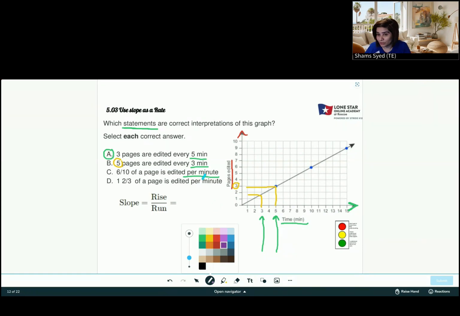For per minute, you are finding your slope. Per means finding the slope. So the last two options seem to be more about per, that is the slope. Let's see if the slope is 6/10 or is it 1 whole 2/3. Got it?